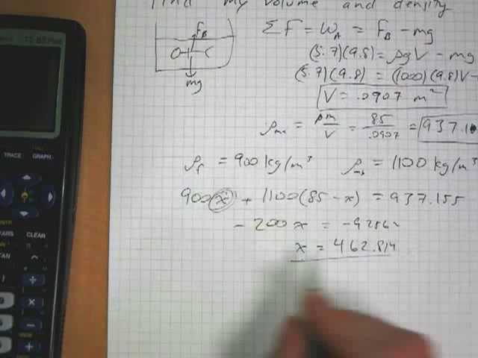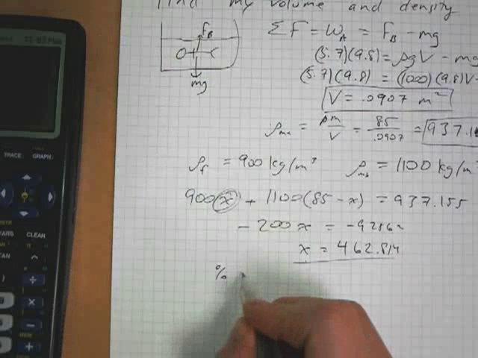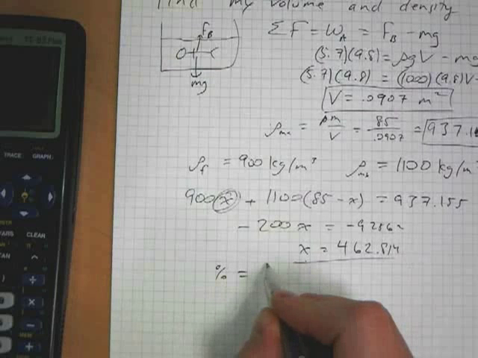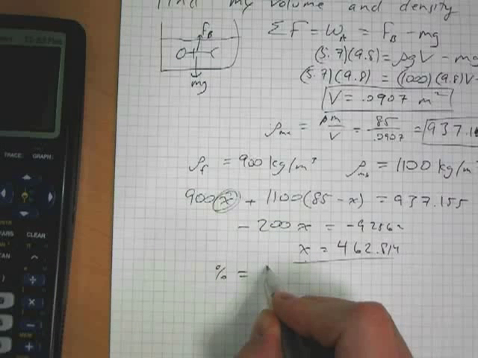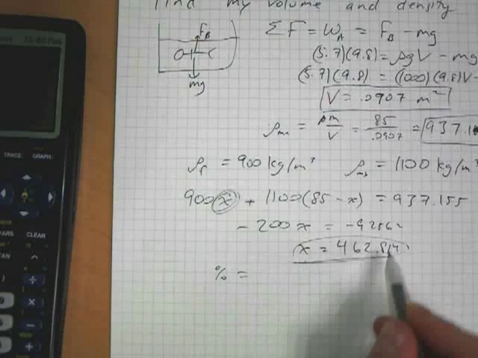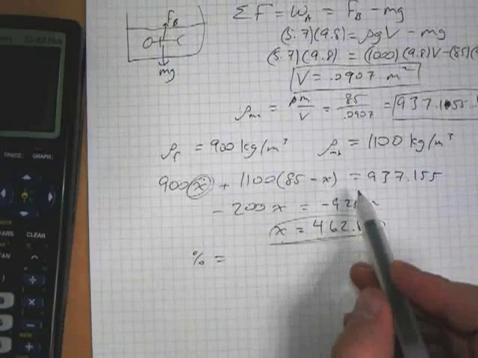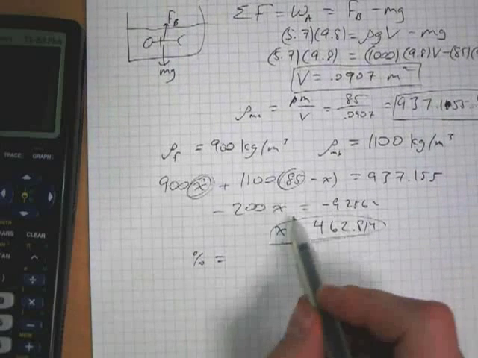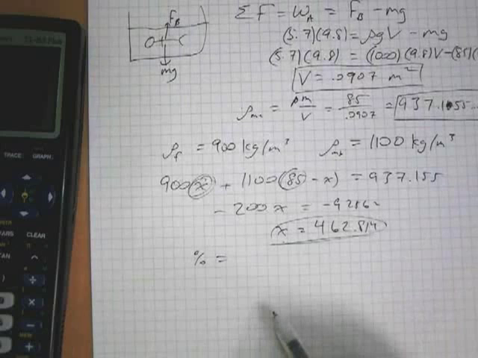If we wanted a percentage, that would just be... I guess my data for the problem was unrealistic, because of my 85 kilograms of mass, 462 kilograms of it was fat, which obviously doesn't make sense.